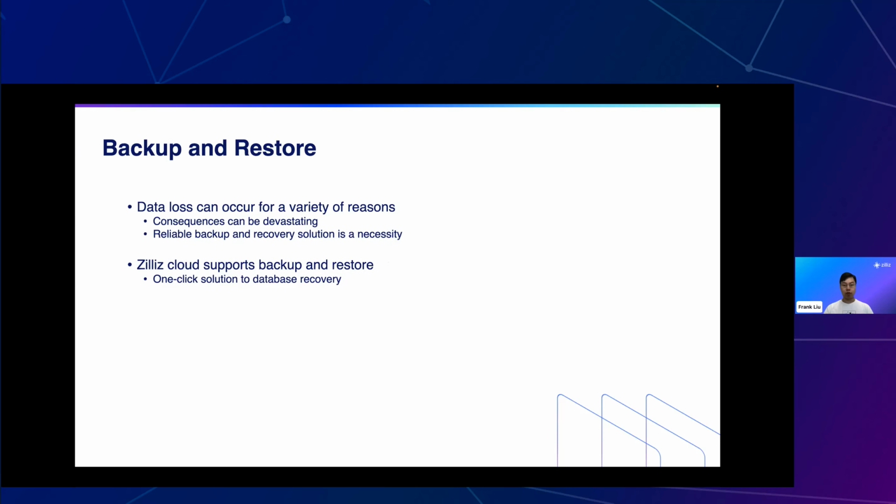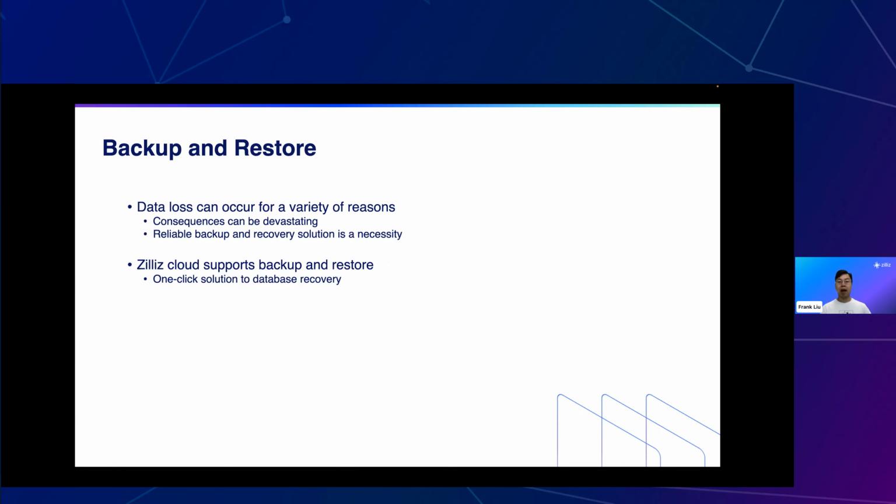Backup and restore. For a lot of organizations, accidental data loss can occur for a variety of reasons. It could be improperly set permissions. It could be a variety of other factors as well. And the consequences of data loss can be pretty bad, right?